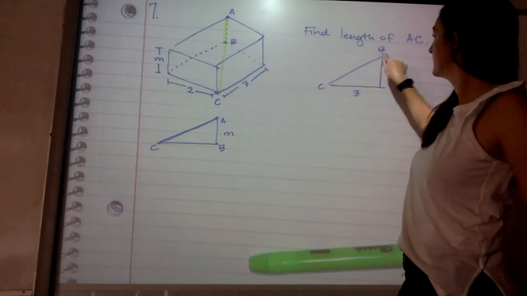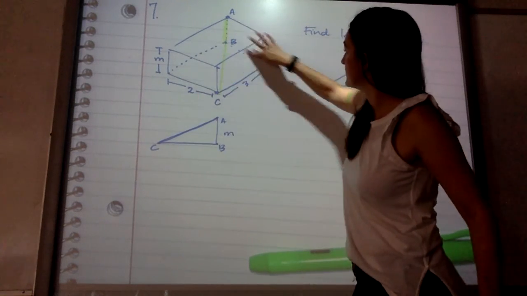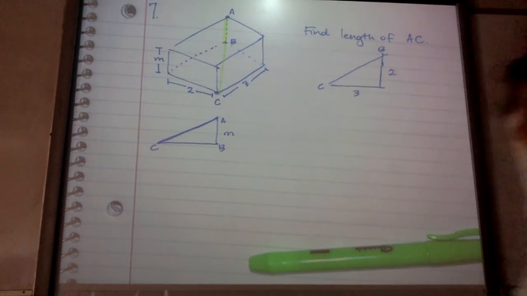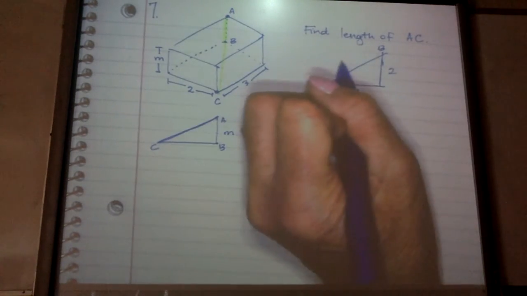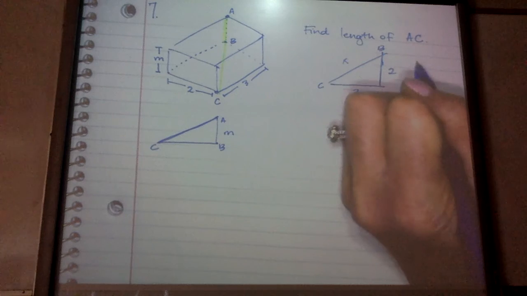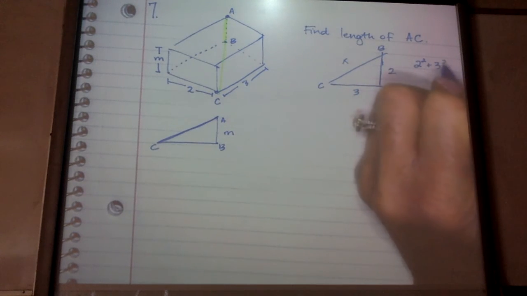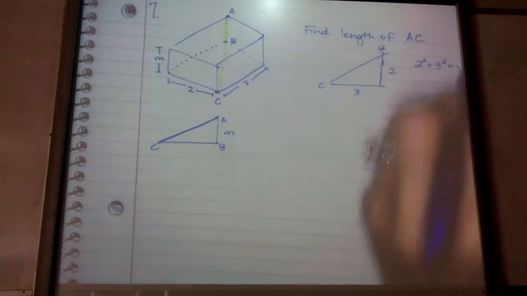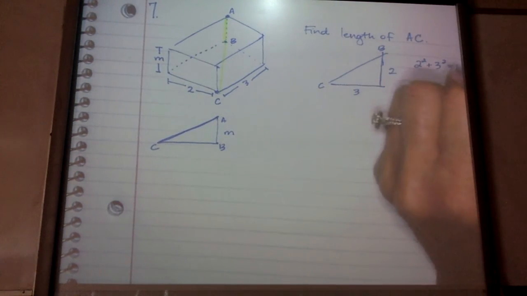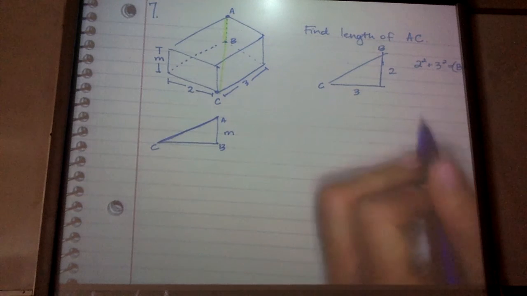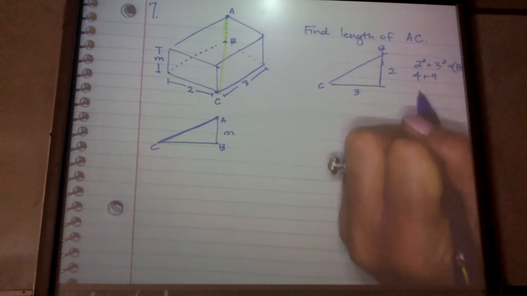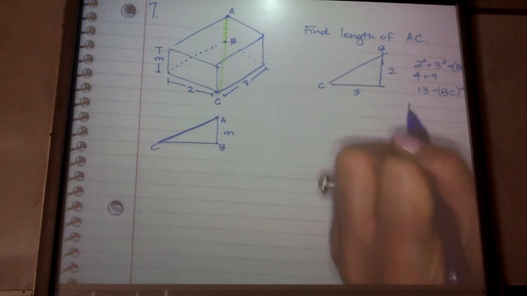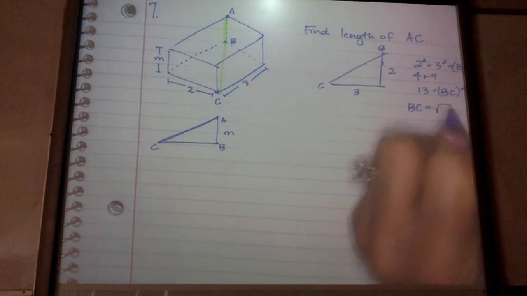If this is 2 and this is 3, then to find BC, this length here would be 2 squared plus 3 squared equals BC squared. So 4 plus 9, 13 would equal BC squared. So BC equals the root of 13.